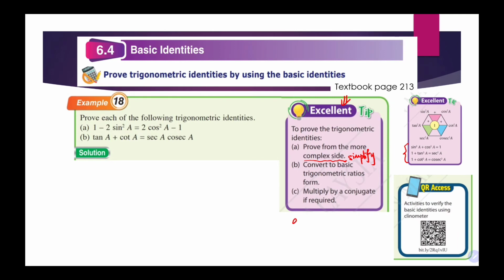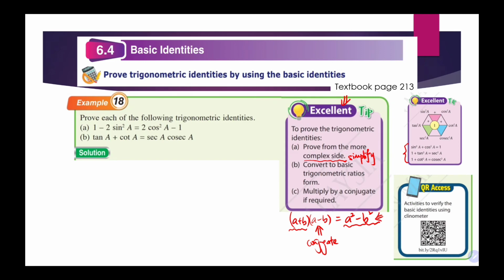We have A plus B. The conjugate of A plus B will be A minus B, so that we can get A square minus B square. If you are starting from the simpler side, you have to multiply by the conjugate. If you have only A plus B, I know I need to multiply by the conjugate so that I can reach A square minus B square.